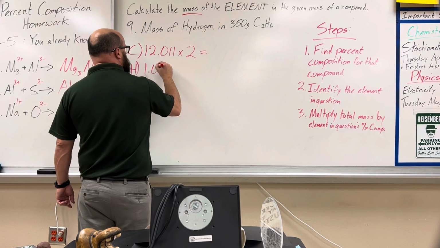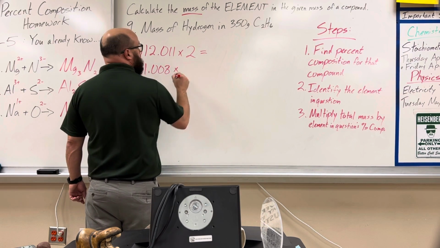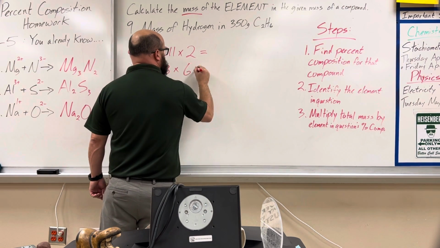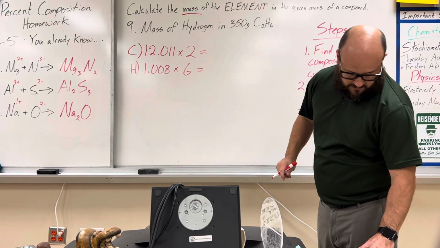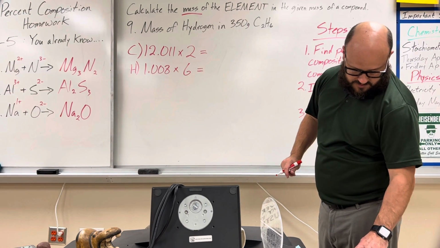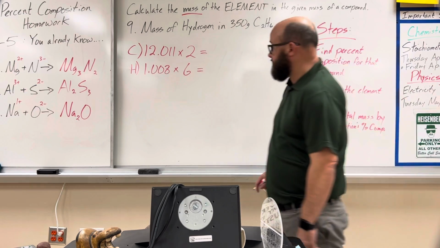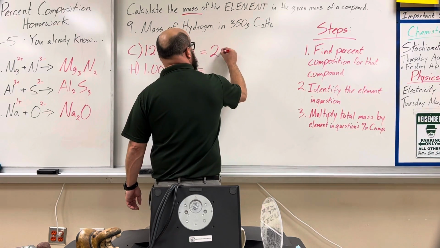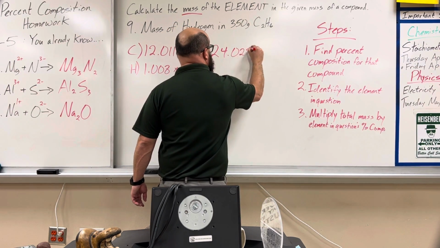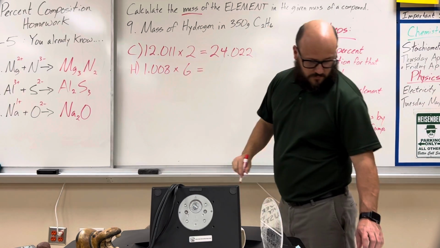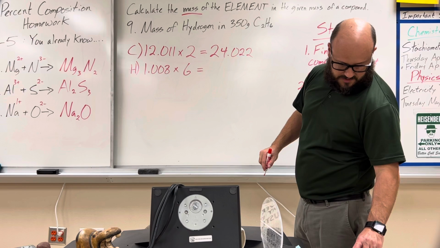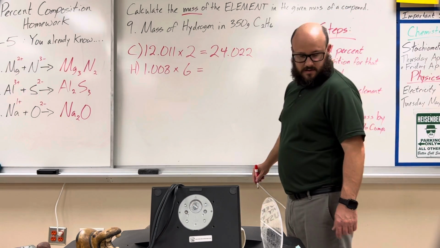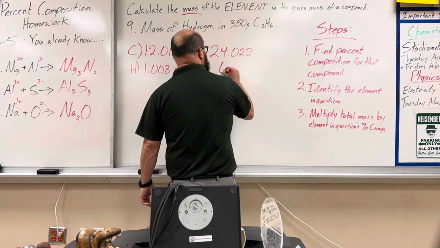Hydrogen's mass is 1.008, and we've got 6. So take your calculator, 12.011 times 2 gives us 24.022. And then 1.008 times 6 is 6.048.